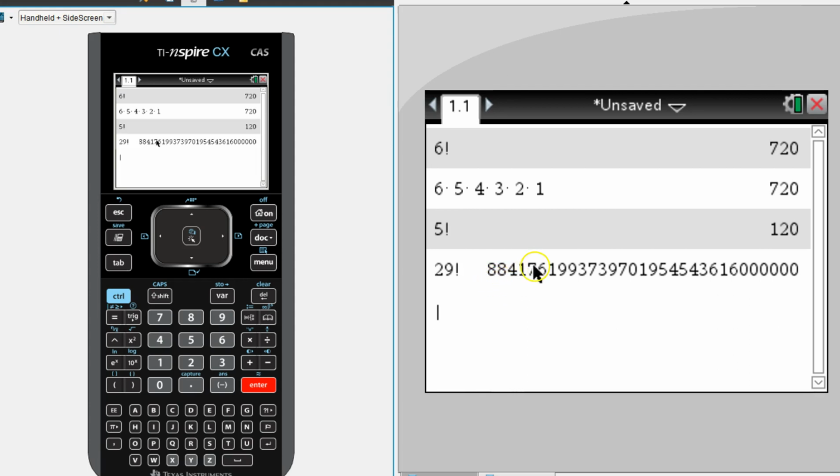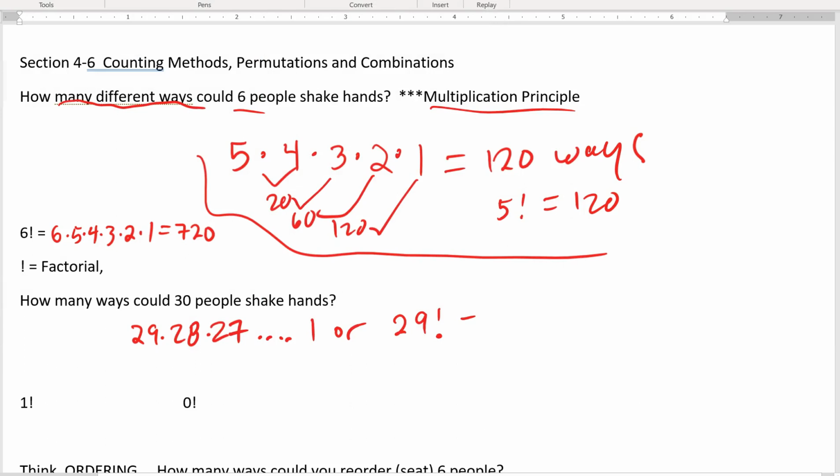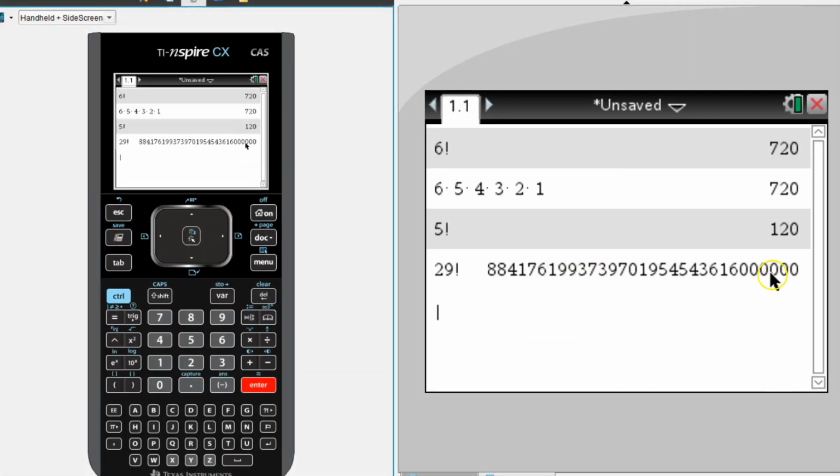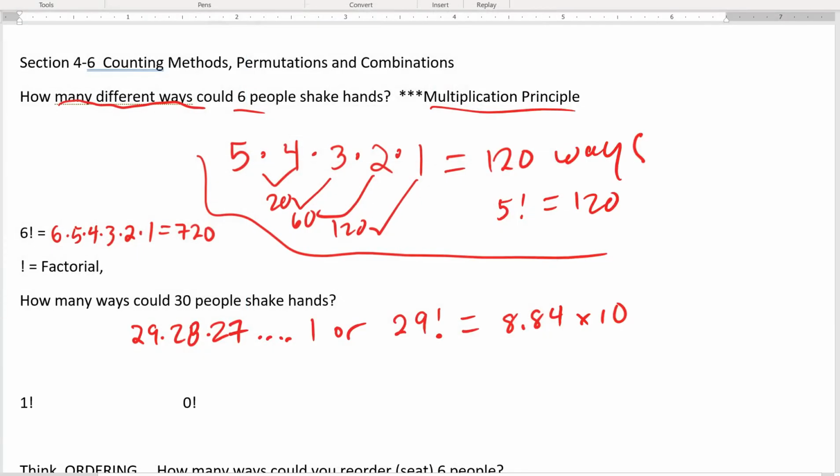So 8.84 times 10 to the, and then count how many times it would need to move. We need to move 30 times. Or you could have written the whole number out if you really wanted to. But the idea is that's a really big number. That's a lot of handshakes. Need a lot of soap at the end of that.